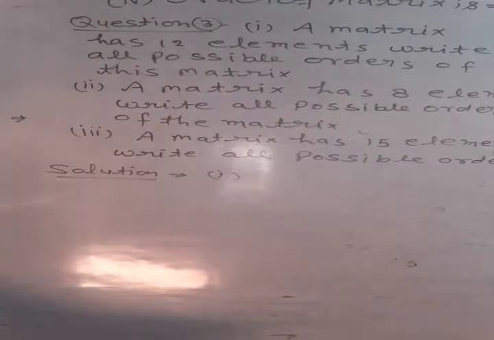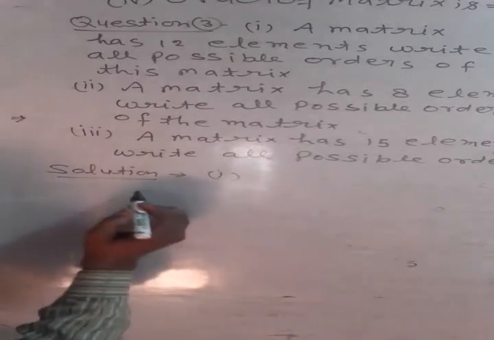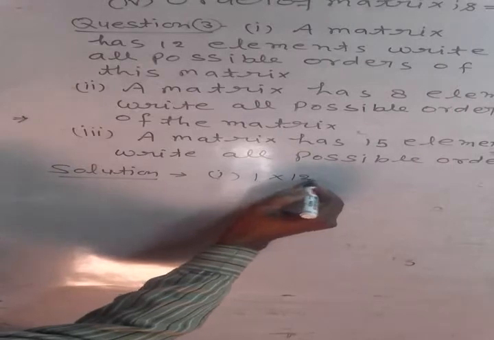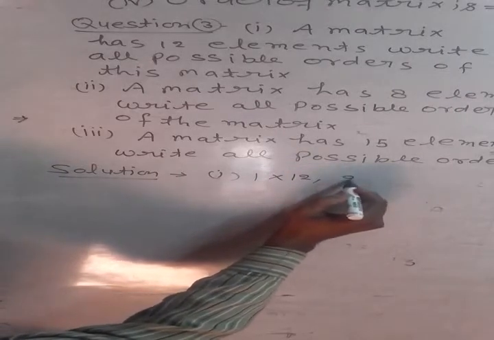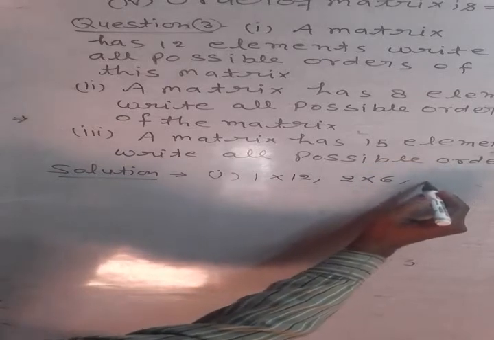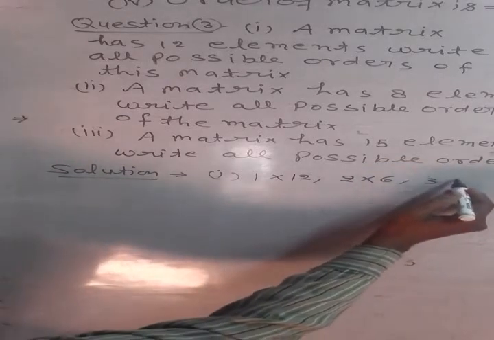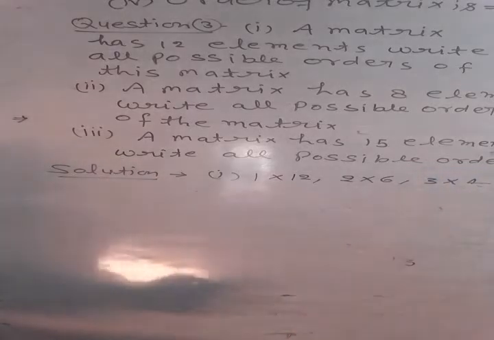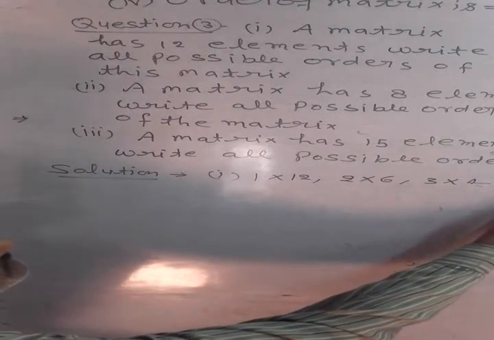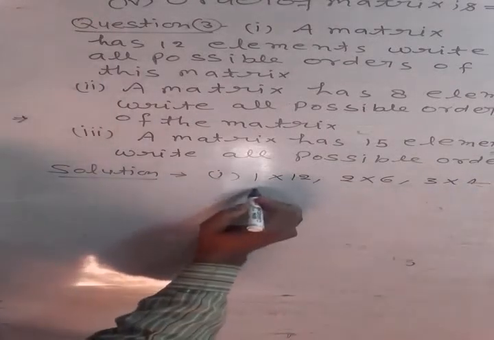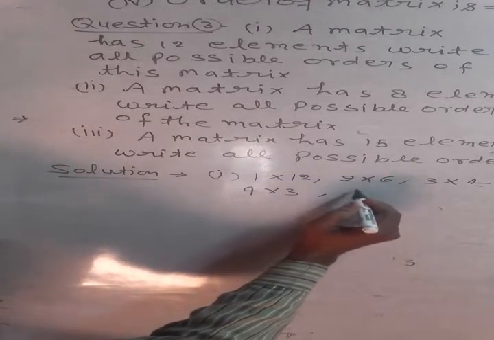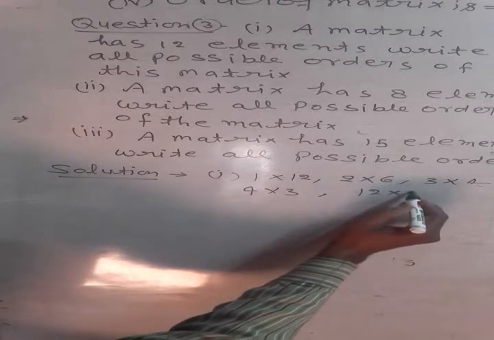Then the orders are 1 into 12, 2 into 6, 3 into 4, 6 into 2, 4 into 3, 12 into 1.